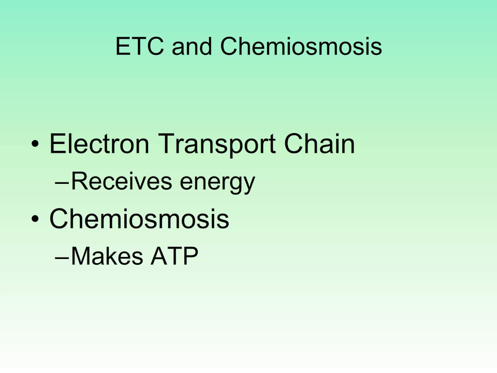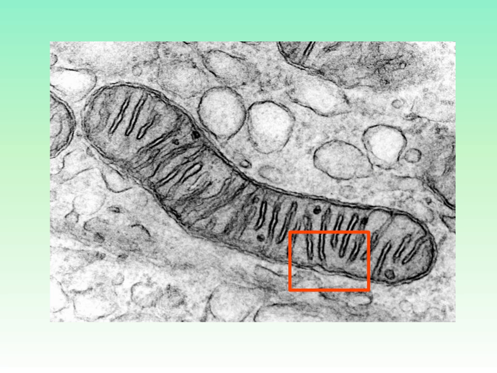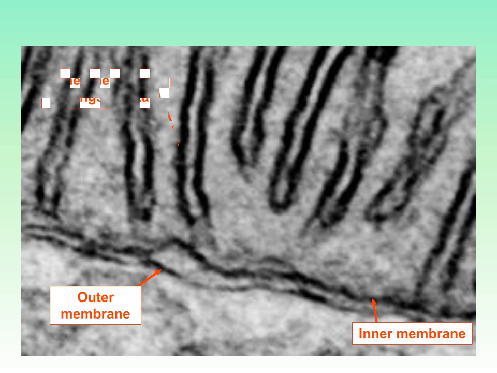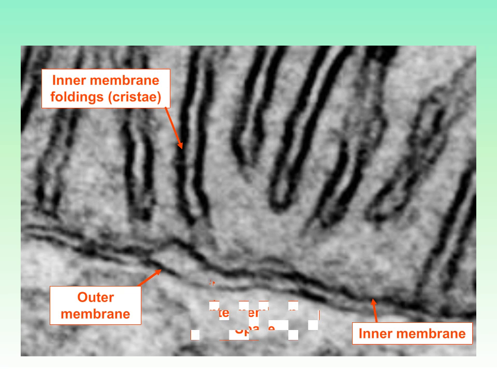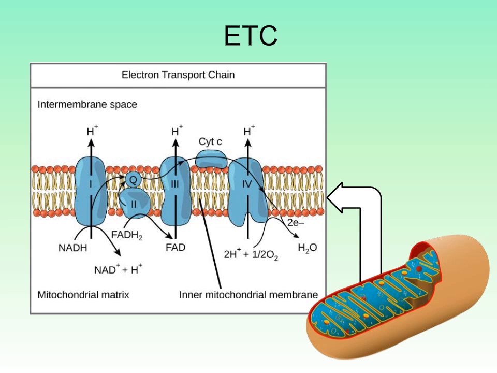Our last stage of cellular respiration involves 2 processes, the electron transport chain, or ETC, and chemiosmosis. Let's look at the ETC first. This last stage occurs along the inner membrane of the mitochondria. A quick review. Here's the outer membrane, the inner membrane, the cristae, the inner membrane space, and the matrix. The ETC is found within the inner membrane.